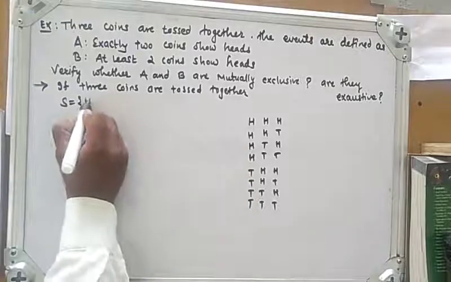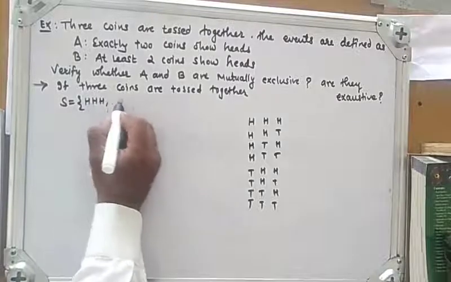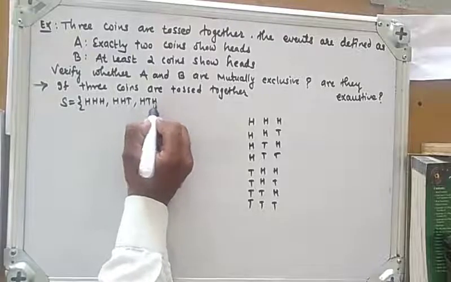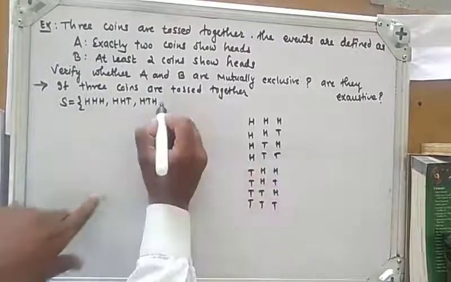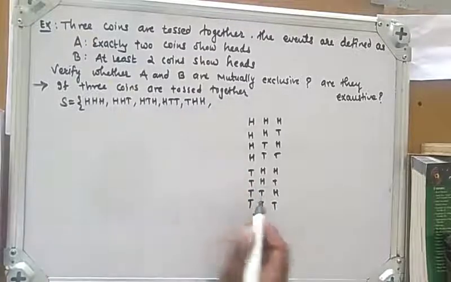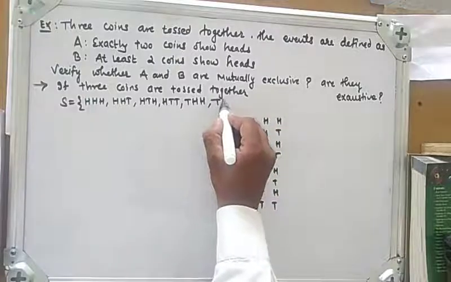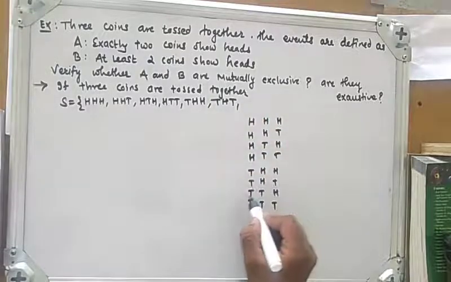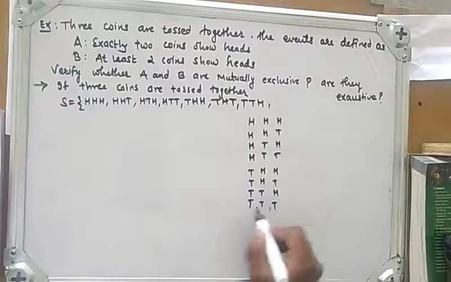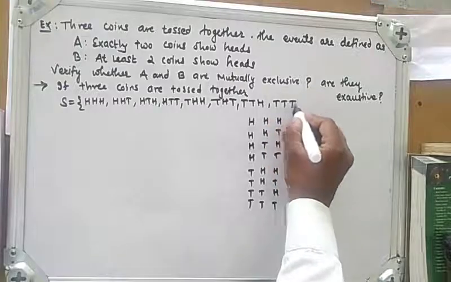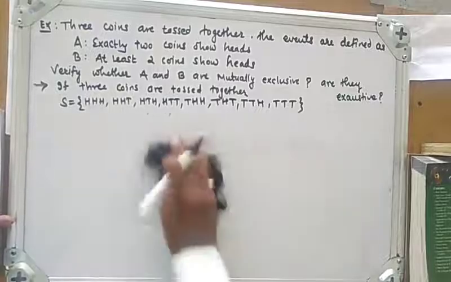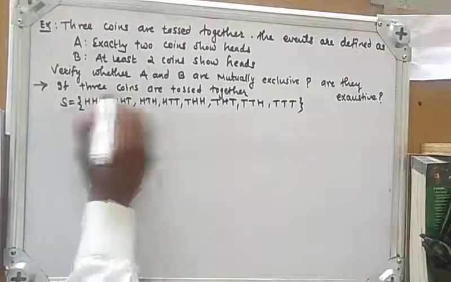So in total there are 8 sample points: HHH, HHT, HTH, HTT, THH, THT, TTH, TTT. This is the sample space for tossing 3 coins.